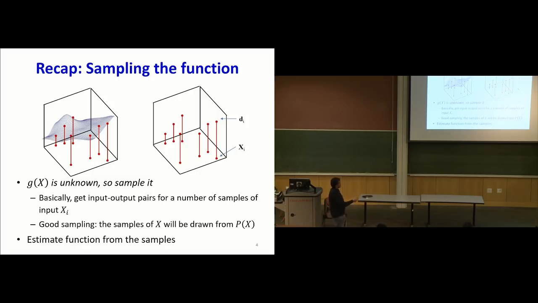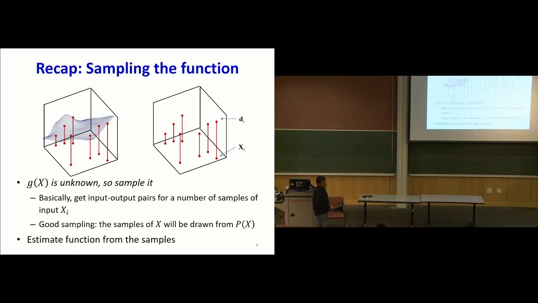So what we do is sample the function. Say we collect input-output pairs, lots of x values and the corresponding function output. If you're sampling things properly, these samples will be drawn from the natural distribution of the input data. As far as we are concerned, this is basically collecting samples from the world.